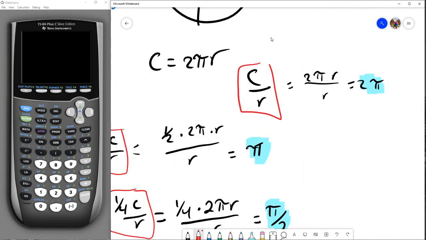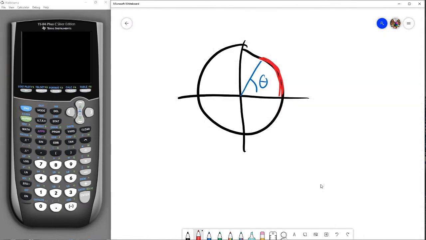If I go all the way around the circle, that is an arc length equal to 2 pi times the radius. If I go halfway around the circle, this arc length is just half of the circumference. Similarly, if I go a quarter of the way around, this arc length in green is only a quarter.